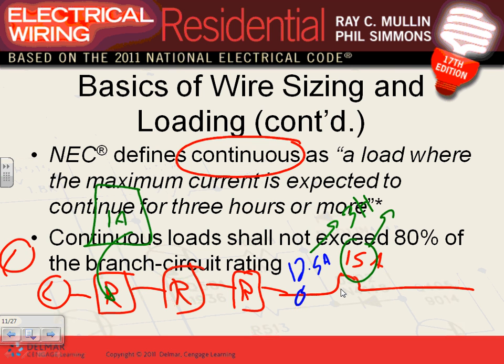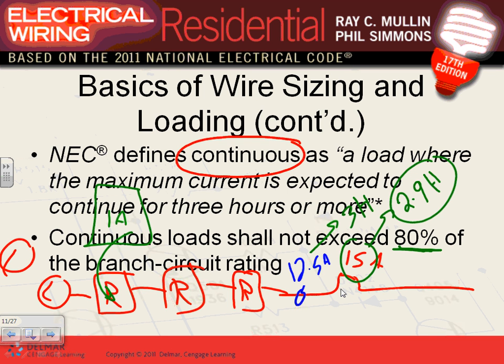For 15 amps, for say 2.9 hours, and I'm being a smart aleck here, I can pull 15 amps out of this circuit breaker for 2.9 hours. The minute that I switch to 3, I have to go back to what? Cut it back. Why? Because if you take 12.5 out of this, you're meeting the 80%. Remember that 80%? Now, by doing it this way, the conductor will not overheat. It's all about overheating.